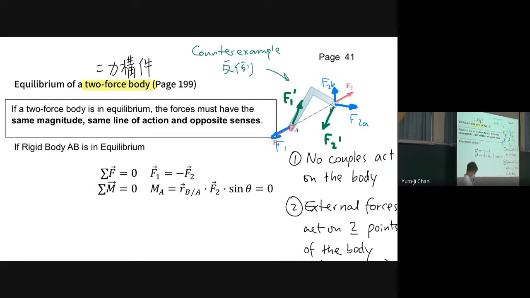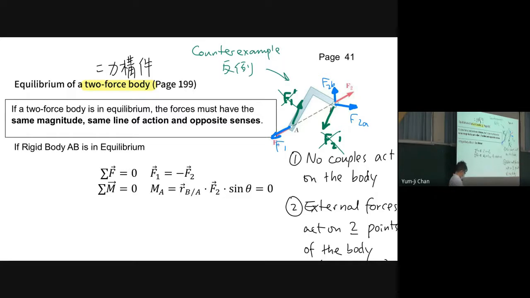That is the moment arm, and this is the force, R cross F with angle theta, and this one does not equal 0. So this is not in equilibrium, which means that this one does not work.